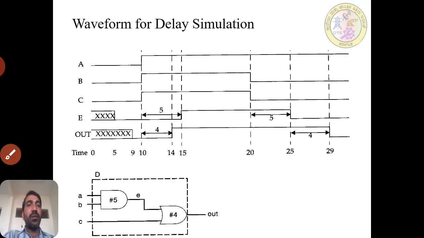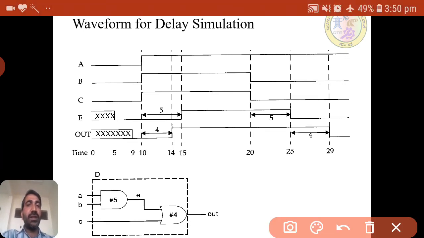Now here we will see the waveform. We need to remember the delays we specified for the gates: for the AND gate it is 5, for the OR gate it is 4. Initially all the inputs are 0 0 at time 0, but what will E and out be at that time?